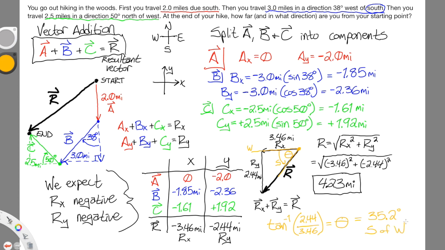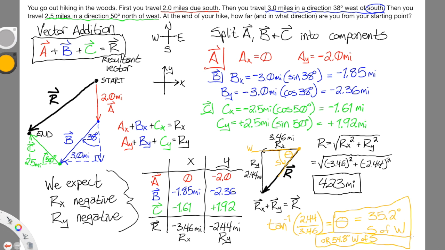Or, if you prefer, let's double check this, you could also do 54.8 degrees west of south, which turns out to be the same thing. Either one of those would work. Or you can do things like clockwise from positive x or counterclockwise from the negative x direction. Any of those.